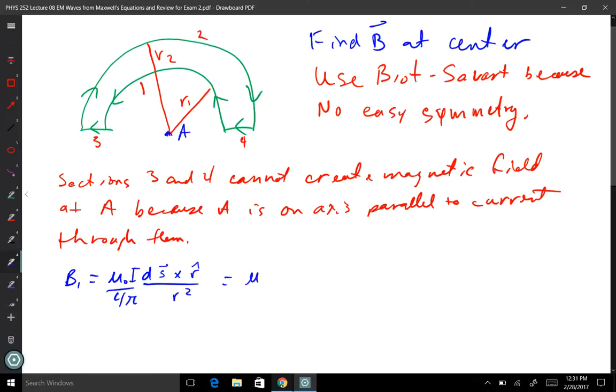So that's equal to mu naught I over 4 pi, and ds cross r hat is just going to be ds because r hat is always perpendicular to ds if you're going in a circle and using the radius in the arc. And r is constant at r1. And so then I just have to integrate this from 0 to pi r1.